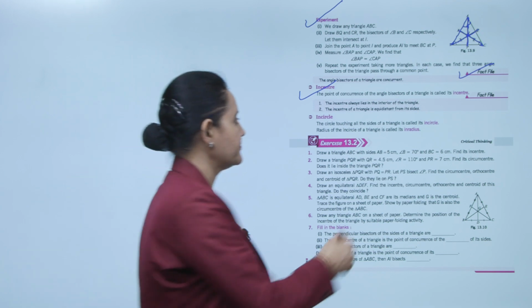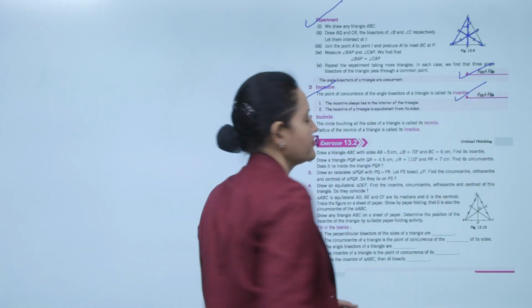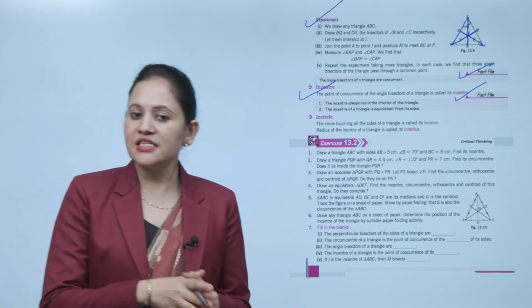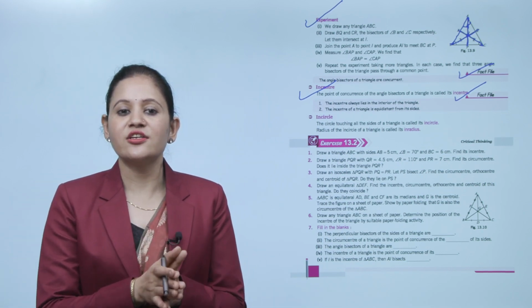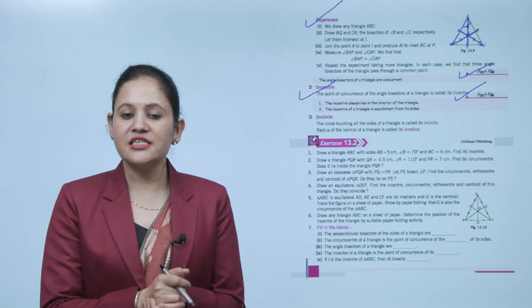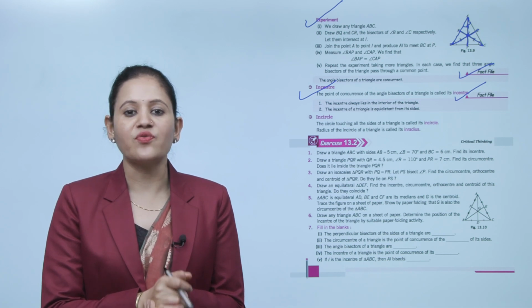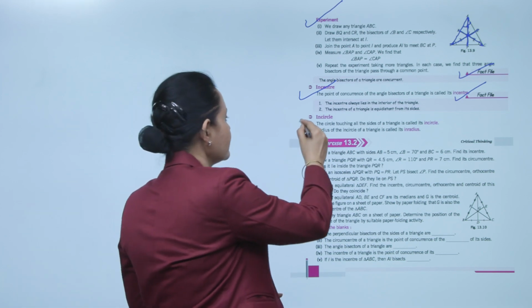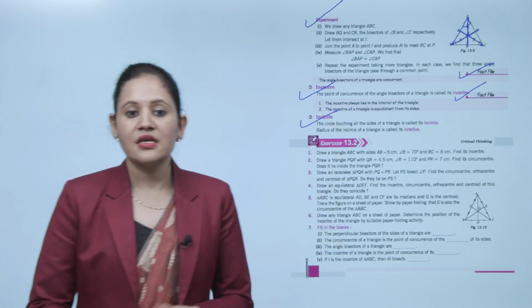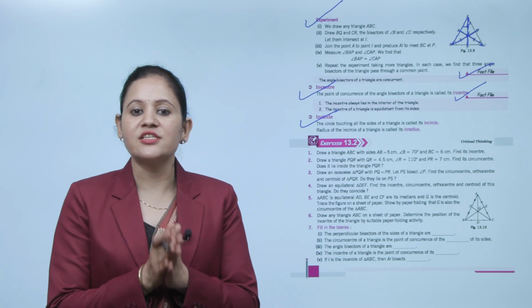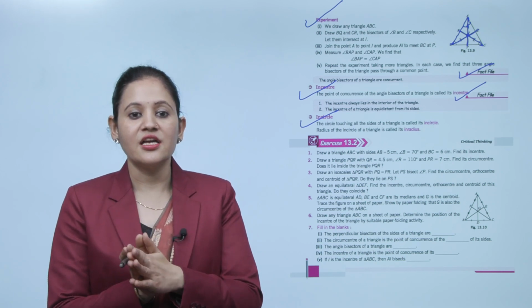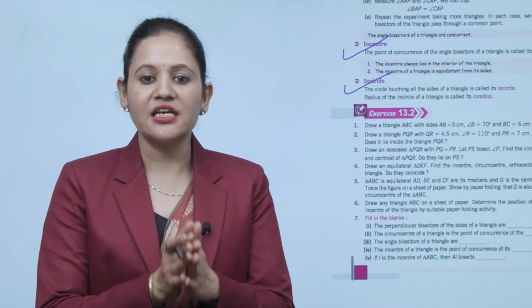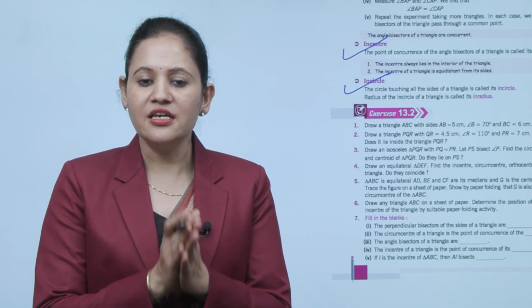Fact file. The in-center always lies in the interior of the triangle. The in-center of the triangle is equidistant from its sides. Next is in-circle. The circle touching all the sides of a triangle is called the in-circle. The radius of the in-circle of a triangle is called the in-radius.